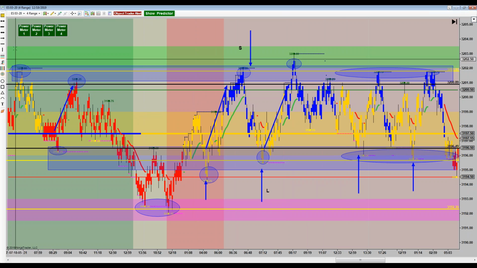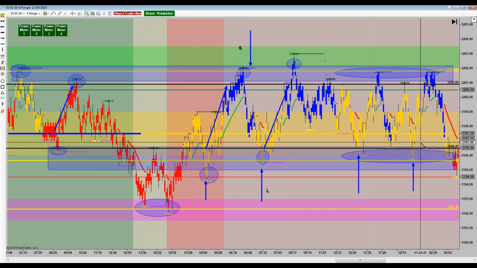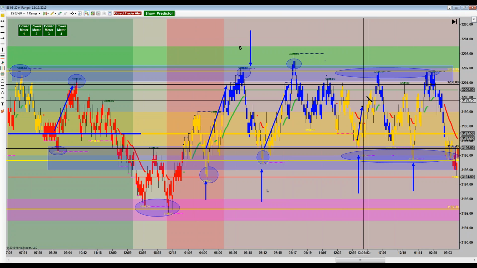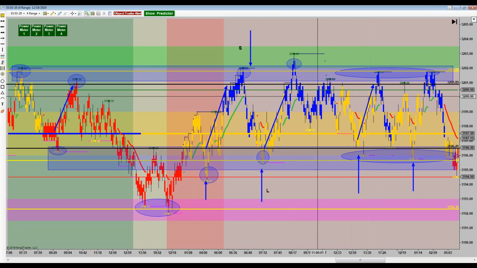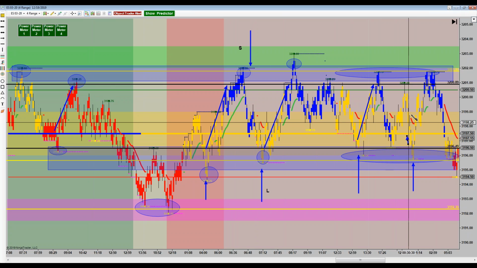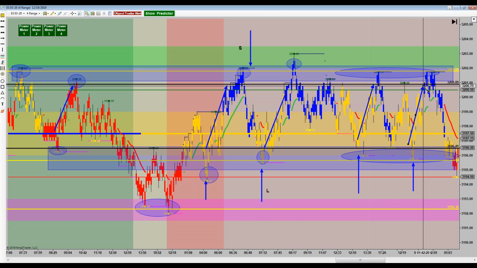Didn't hit it with that one. Then this one would have been very close, depending on exactly where you had the buy order. But this would be long number 1, 2, 3, 4. And then, of course, I don't know that the wick caught that, so I'm not going to count that one. But very definitely, this would have been long number 1, 2, 3, 4, 5.